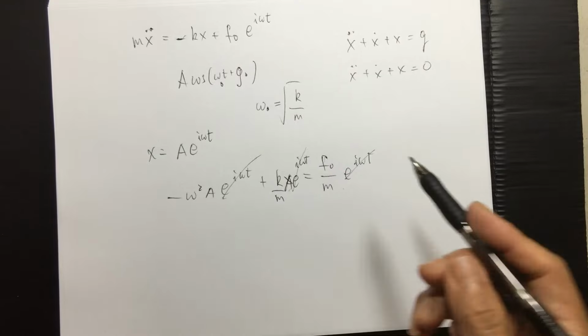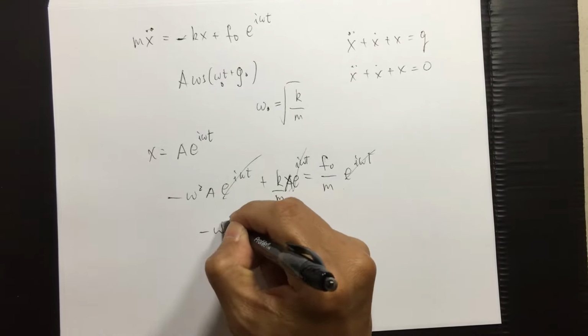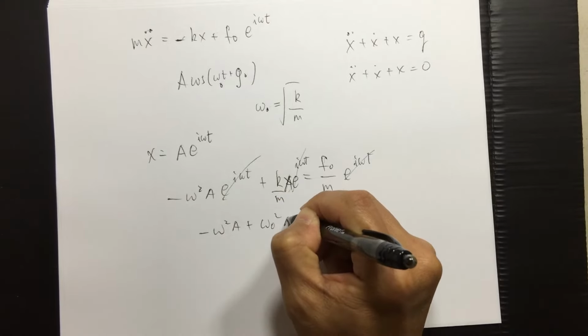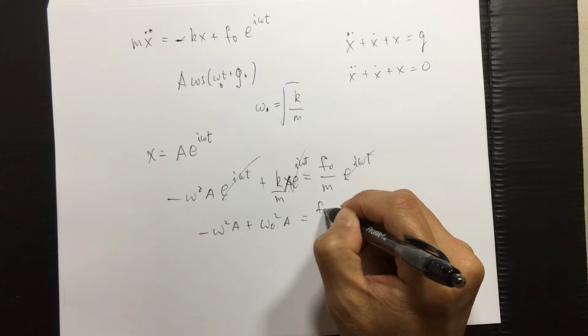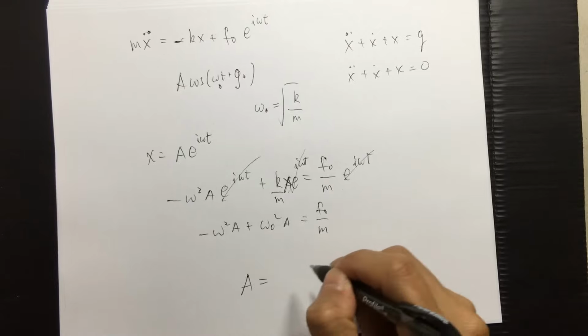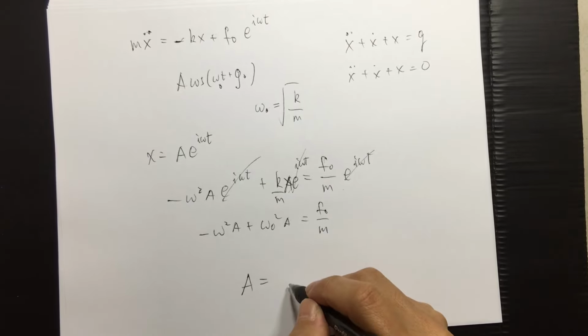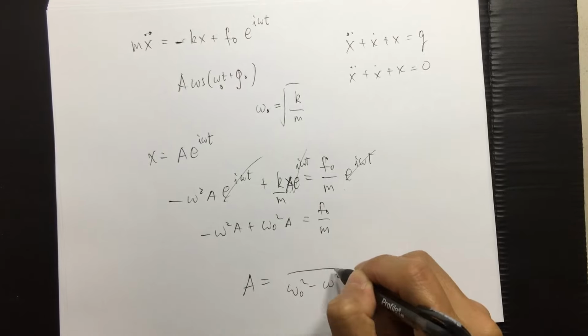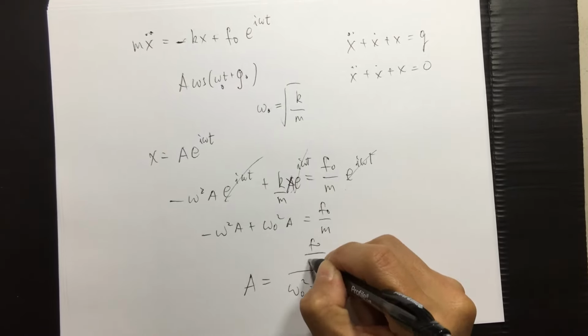Then let me rewrite one more step. So this is minus omega squared A plus omega 0 squared A equals F0 over m. A equals F0 over m divided by omega 0 squared minus omega squared.